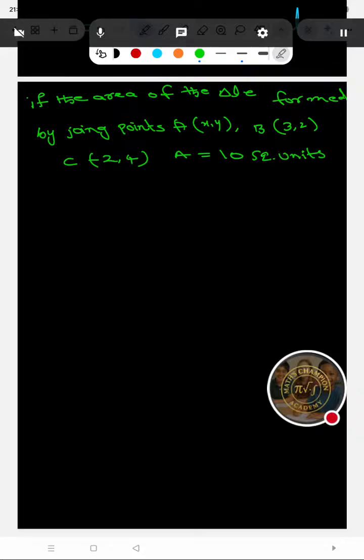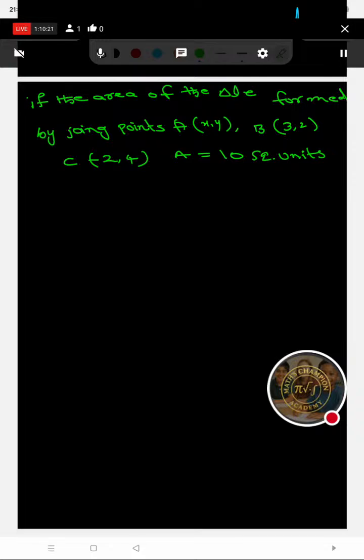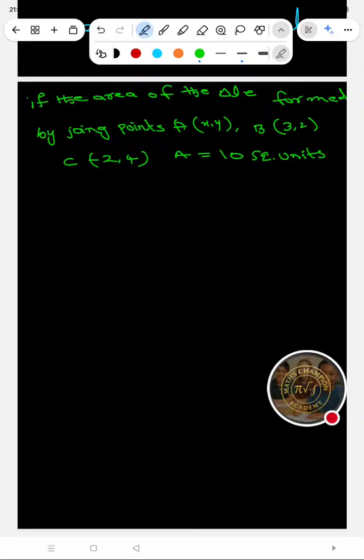Now next, what do we have to find? Then show that 2x plus 5y plus 4 is equal to 0, we have to show.